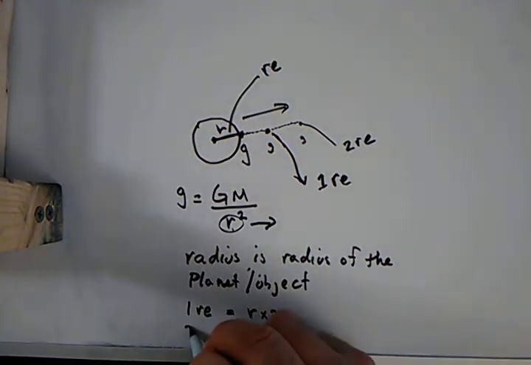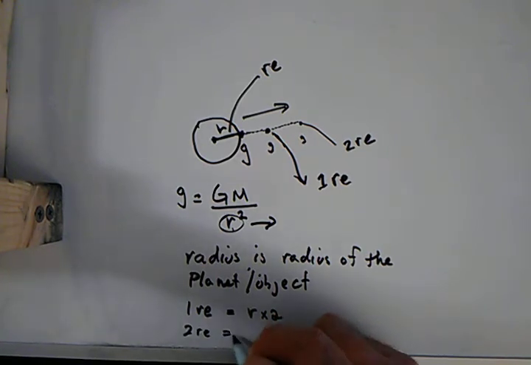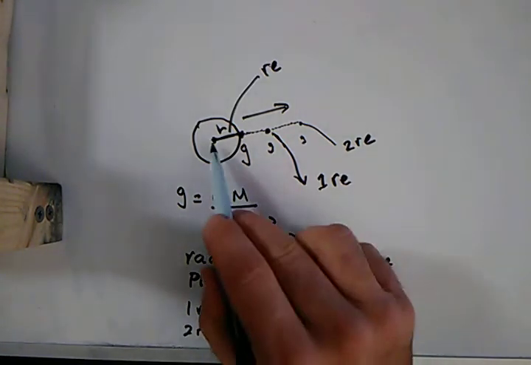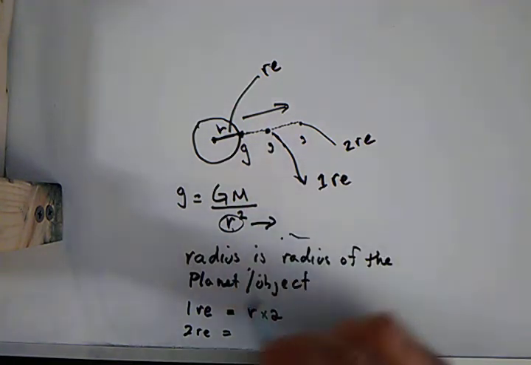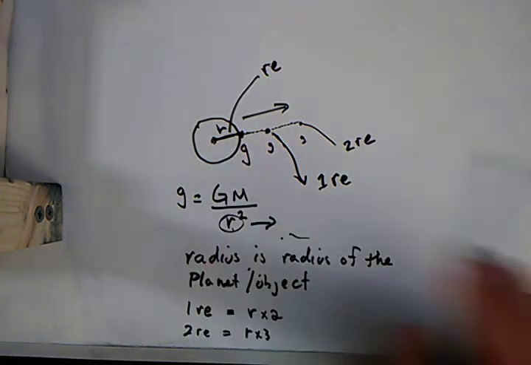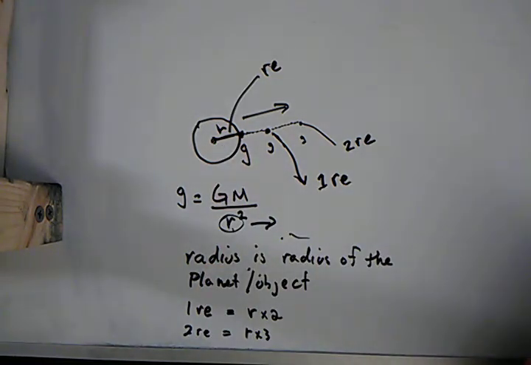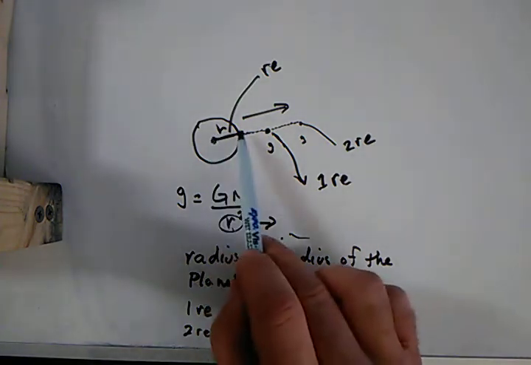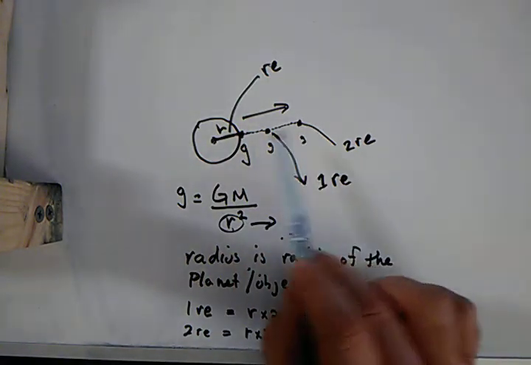If I'm 2 radii above the Earth, I am 1, 2, 3 Earth's radii away from the core, the center of the planet. That becomes a little confusing as you're doing some of the homework problems. You may have questions for me on that, but once it's explained, it's actually pretty easy to understand.